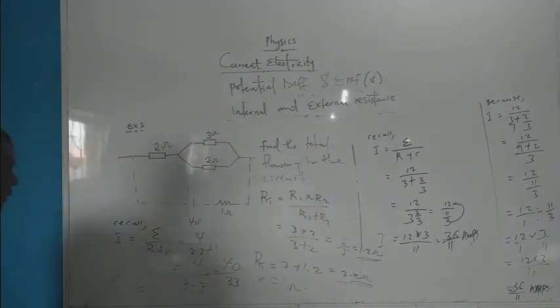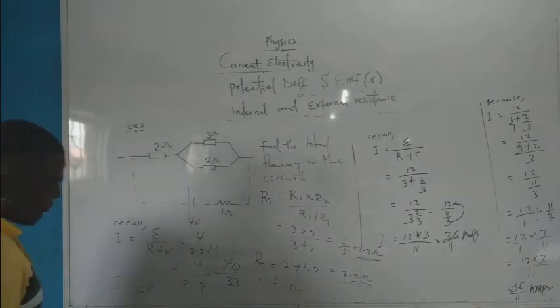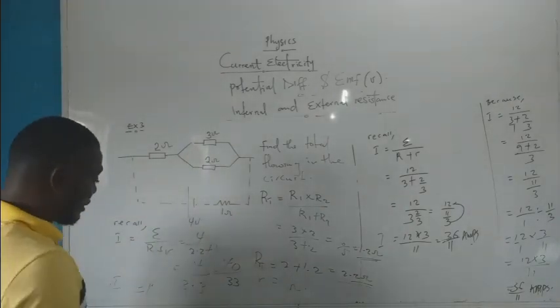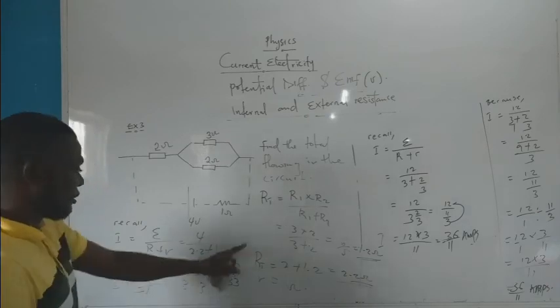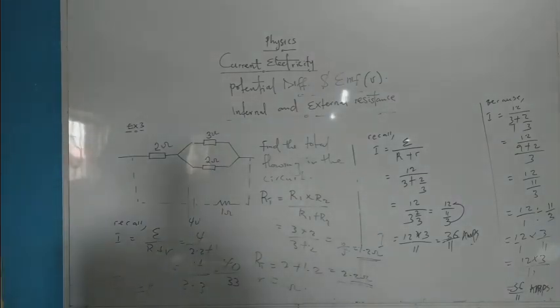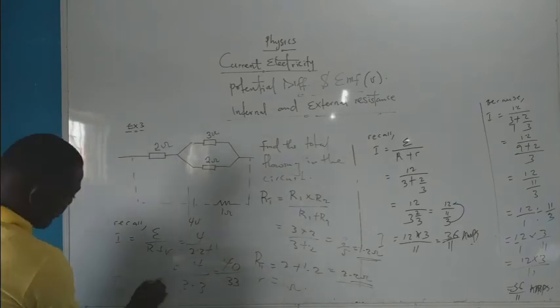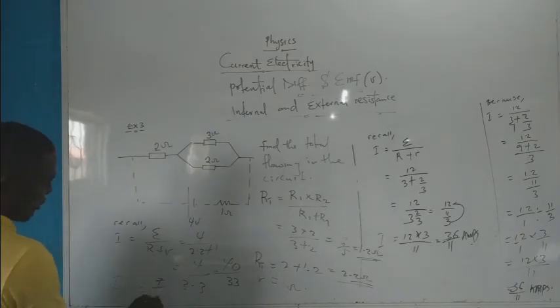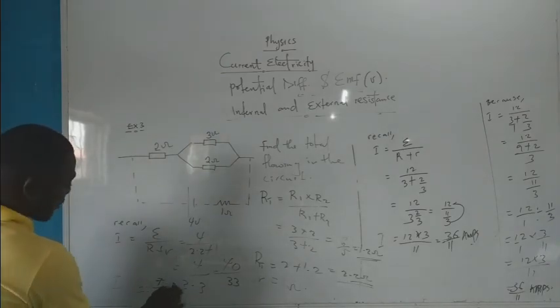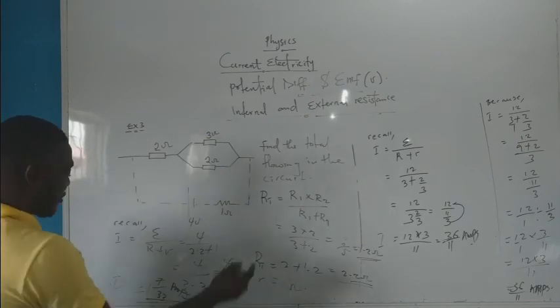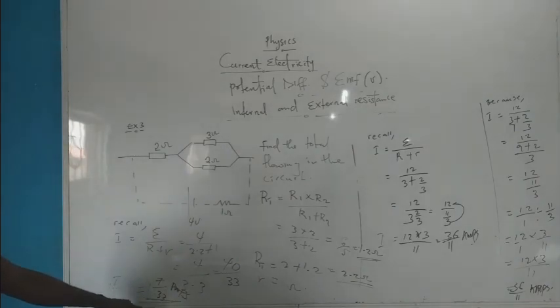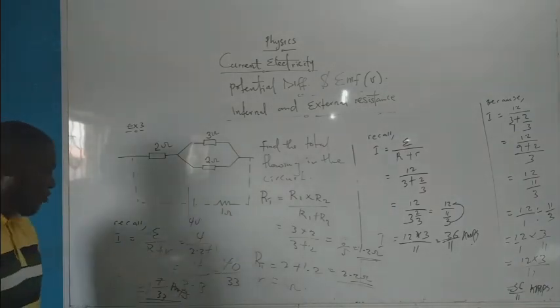The current will be 1.2 amps, or you can leave it as a mixed number, 1 and 7 over 33 amps in fraction, or take it to decimal. 33 plus 7 is 40 over 33.